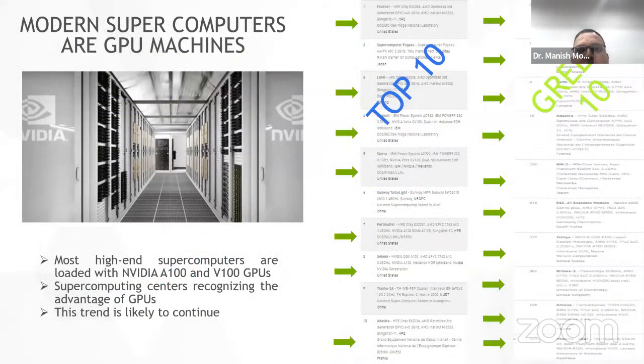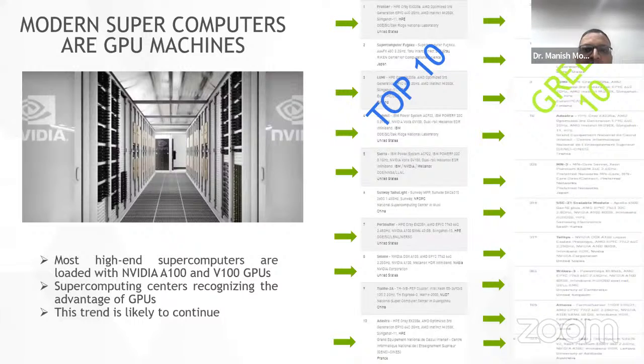One more example: twice a year, the worldwide top 10 systems are defined, right? I put a list of the top 10 systems and the top green systems, which are economic in terms of energy. If you see the co-processor or GPU being used in the top 10 systems, almost 8 of the 10, 8 or 7, have a co-processor.